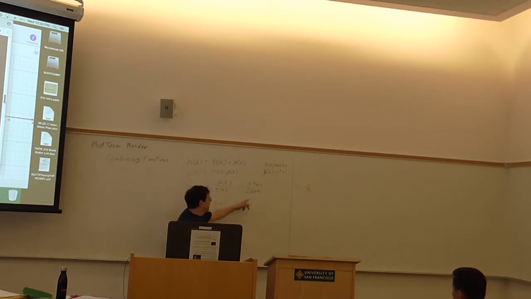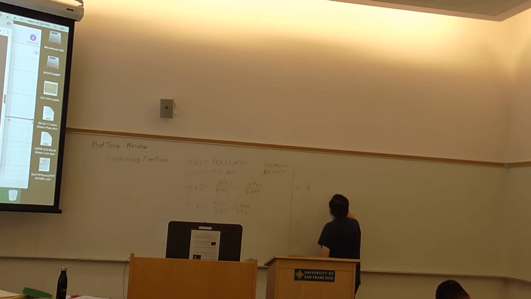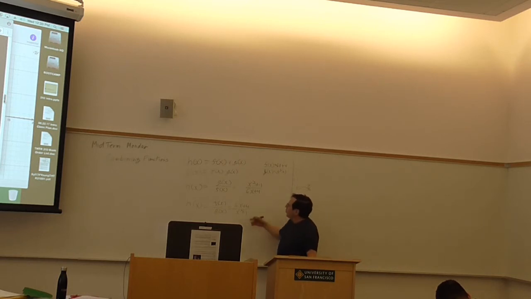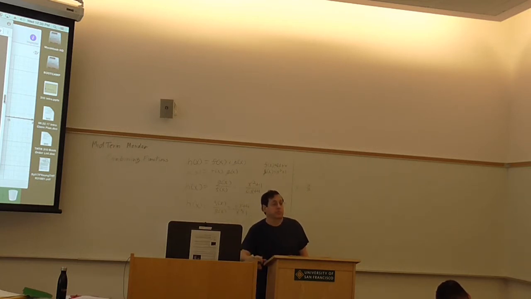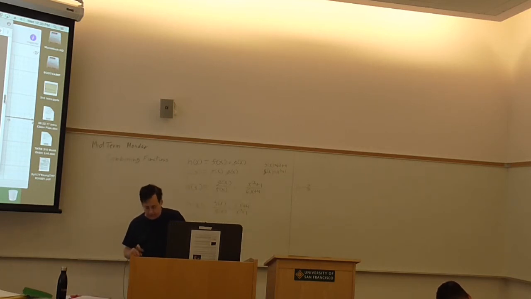Well, this value could be in the domain of both of these functions, but it can't be in the domain of our new function. So our new function, again, whatever our domain was, if where the denominator is 0, we have to eliminate that from the domain. All right, we're going to see an example of why this is tricky in just a minute.